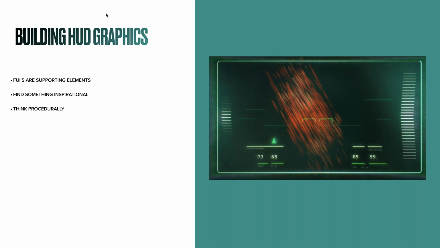On top of that, a really big point to bring home, which I want to try to demonstrate, is to think procedurally through the building of these elements. A lot of the time, these are flat graphics that make up the majority of the user interface, mixed with 3D graphics, but they tend to be used over and over again.